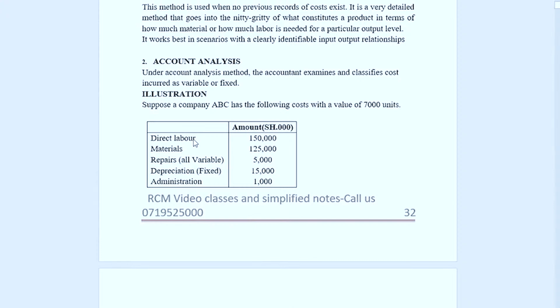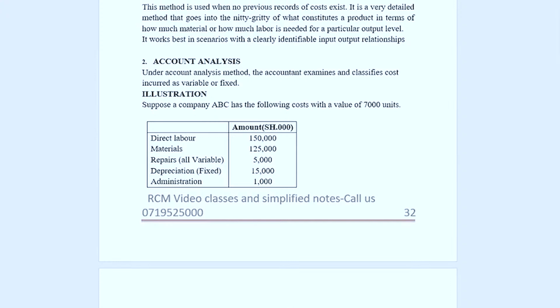So this is quite a straightforward thing. What I will do is copy down that table the way it is. We have direct labor, 150,000.